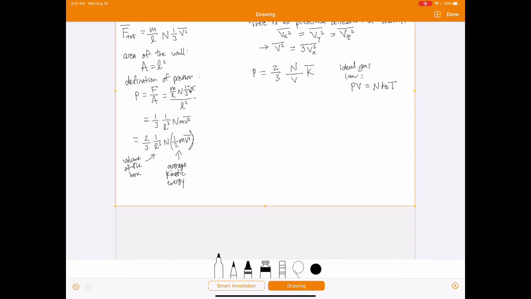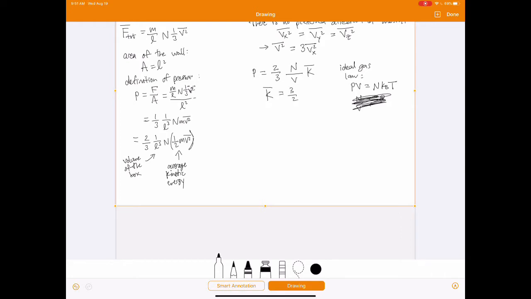Let's rearrange the ideal gas law. Actually, sorry, let's scratch that. Let's write this over here as K bar is equal to 3/2.